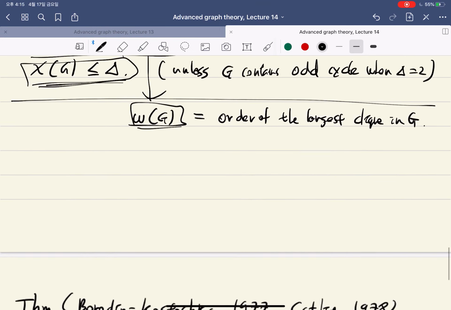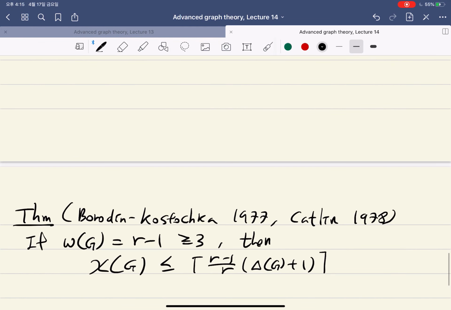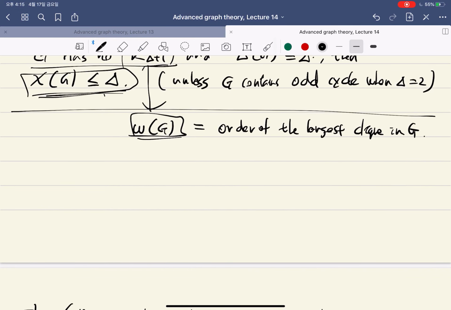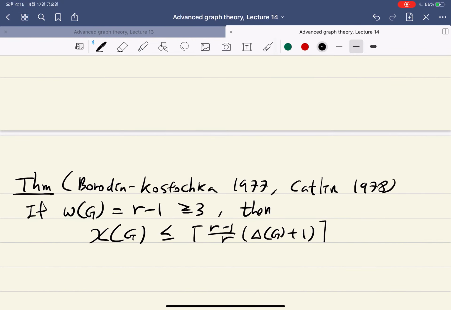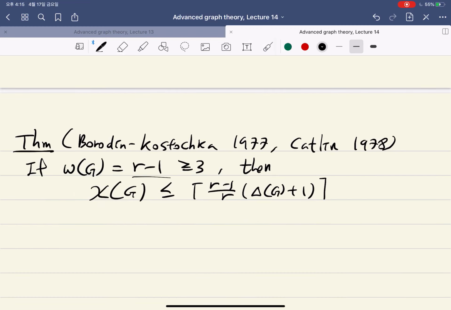So when r equals delta plus 1, this is exactly the same as delta of G. So it's Brooks' theorem. And for smaller clique number, we can actually get the improvement.